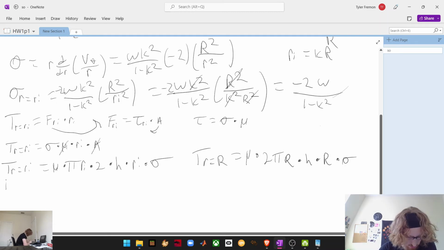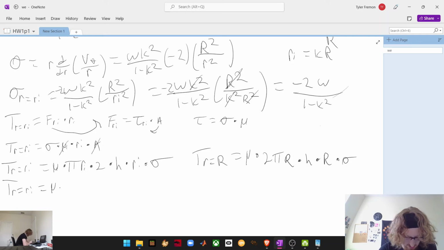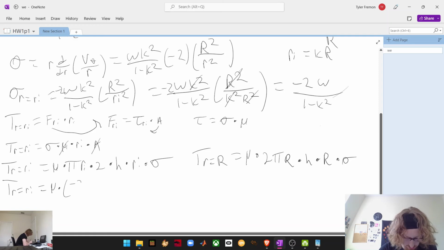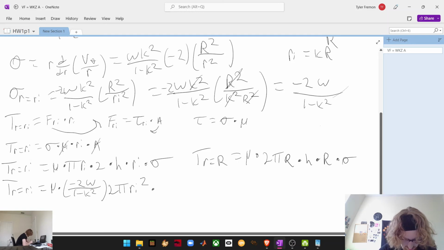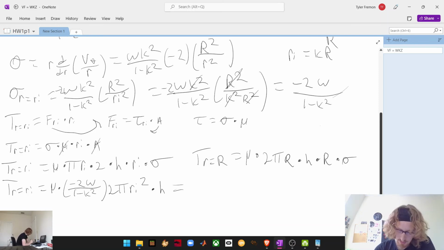So for R equal to Ri, we have mu times negative 2 omega over 1 minus k squared, and then 2 pi Ri squared times height. And then we're going to set that equal to our torque at R equals R, because again, we're trying to prove that the torques are equal.